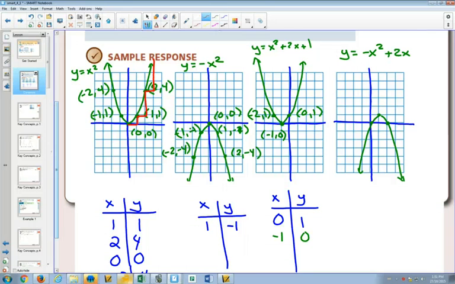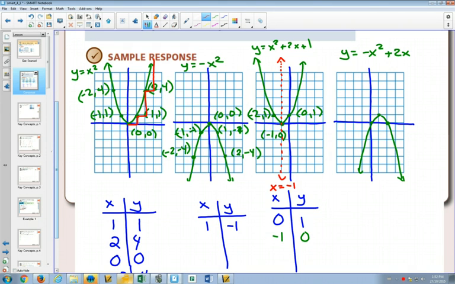So one of the things that we can put on a graph, sometimes we add a dotted line in the middle of it. It's called the axis of symmetry. Vertical lines, you remember from last year, are always labeled x equals. This is x equals -1. And as soon as you find out where your axis of symmetry is, if you know a point on one side, you know the point on the other side.